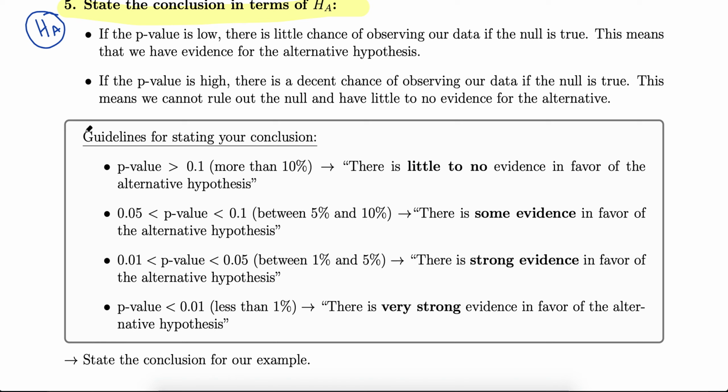I would really make a big deal out of this section. It's going to help you for the rest of the semester in your interpretation. So our conclusion is always in terms of HA, our research claim, and we're saying what kind of evidence we have for HA. Notice the pattern here: as the p-value gets smaller, or the data gets less and less likely under the null hypothesis, you have stronger and stronger evidence for the alternative hypothesis or your research claim.